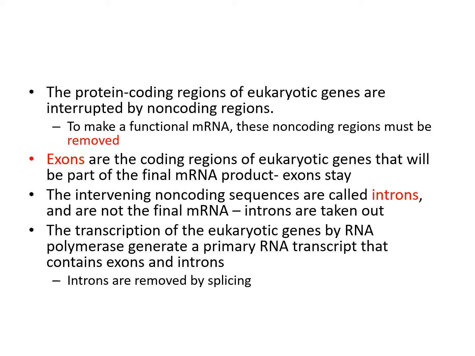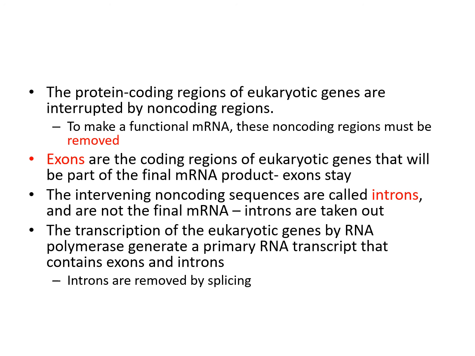The protein-coding regions of eukaryotic genes are interrupted by non-coding regions. These segments in the gene are known as non-coding regions. In order to make a functional mRNA, these non-coding regions must first be removed. In the structure of the DNA of eukaryotic cells, there are exons and introns.